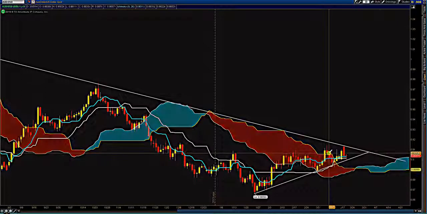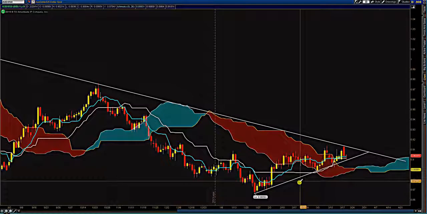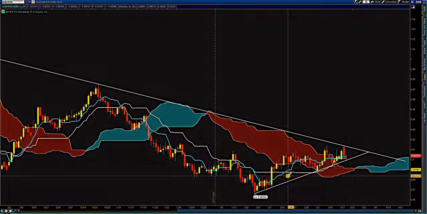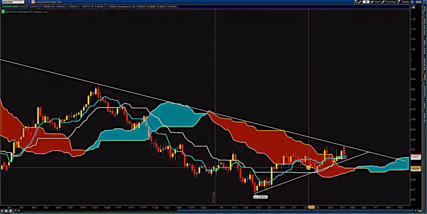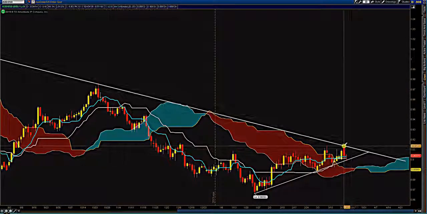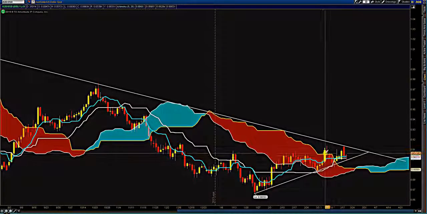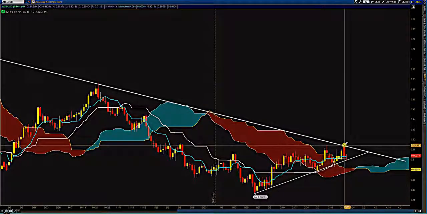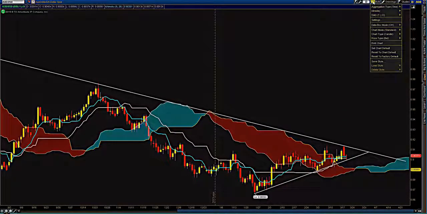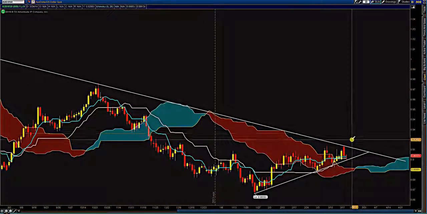So yes, price broke above this, or if you're looking to get long or short, you could use trend lines as clear support and resistance levels. So in a case like this, yes, price broke above the cloud, but it's clear that we had a descending trend line from a yearly high. So you want to wait for extra confirmation, and that's what my video is going to be about.